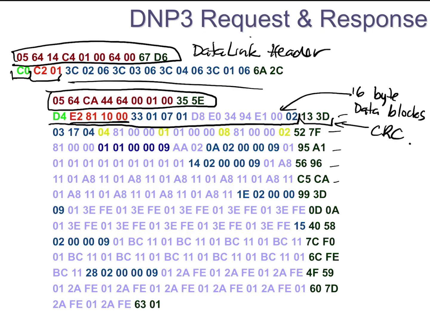Of course, if it doesn't require a full 16 bytes to end the message, like what we see down here, then it'll just show the number of bytes needed to complete the message, and then, as always and every time, end with a 2-byte CRC. Okay, so that's an overview of that.